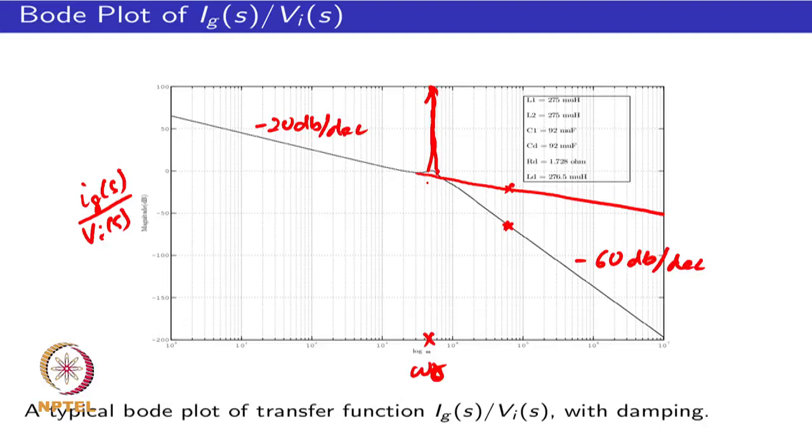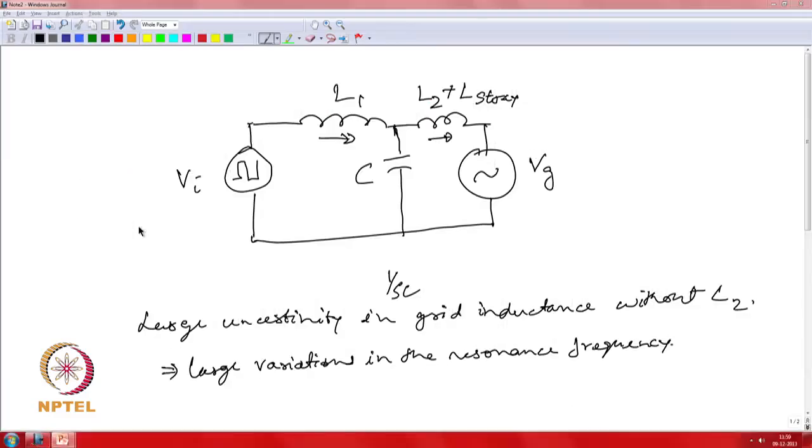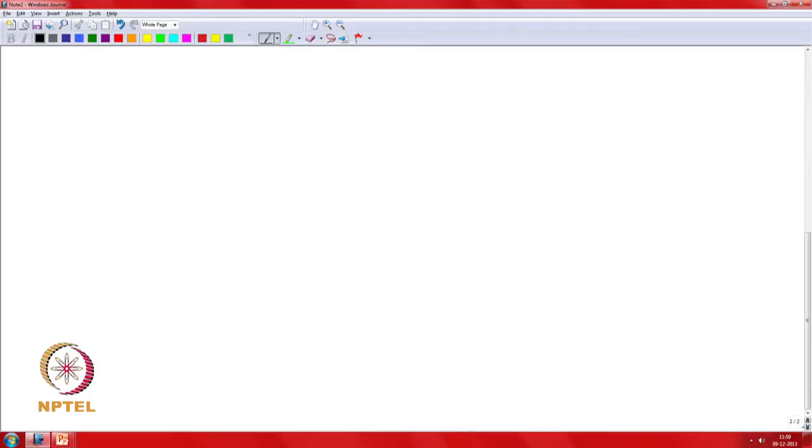One could then use this to look at the transfer function Ig by Vi of S. We can actually get it from the simple equivalent circuit of the LCL filter. So from the LCL filter network, one can calculate Ig of S divided by Vi of S just by looking at the impedance values.